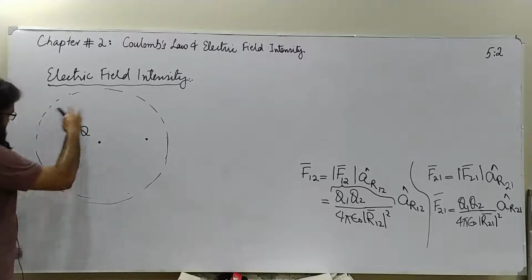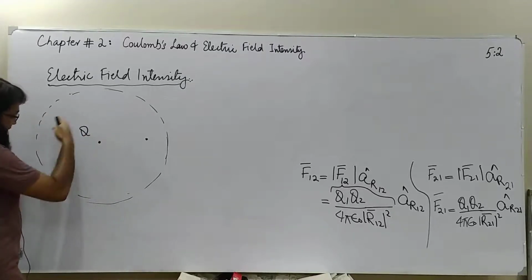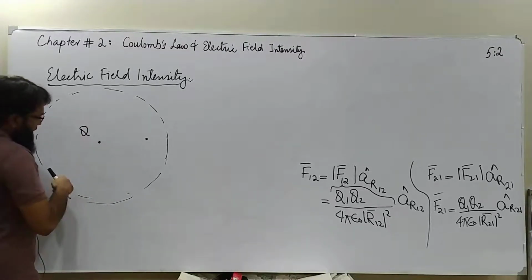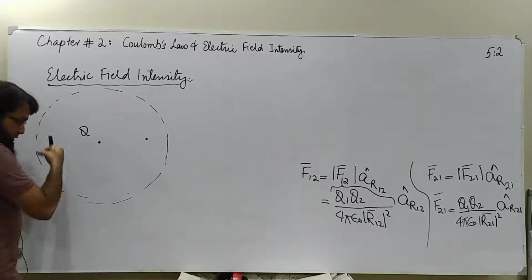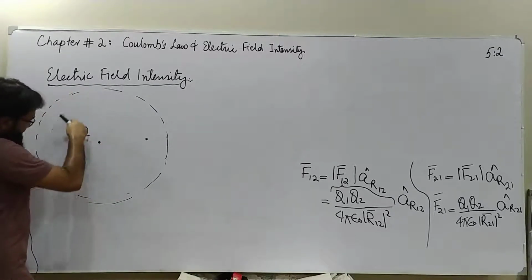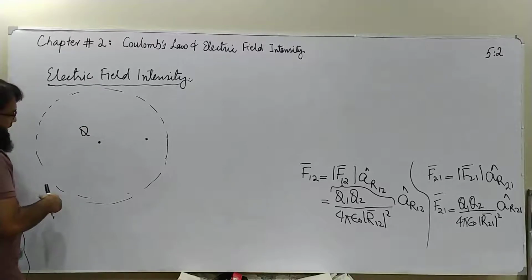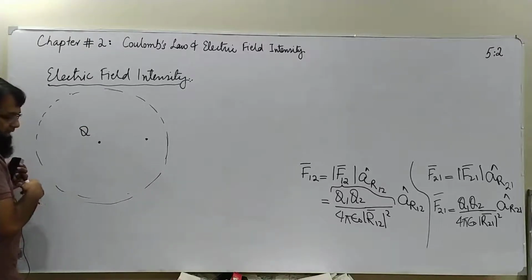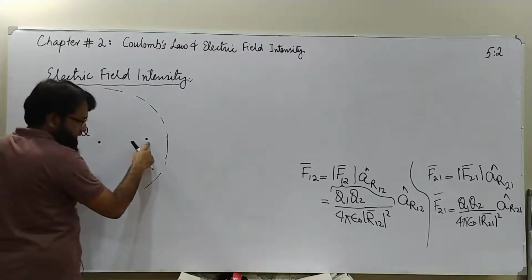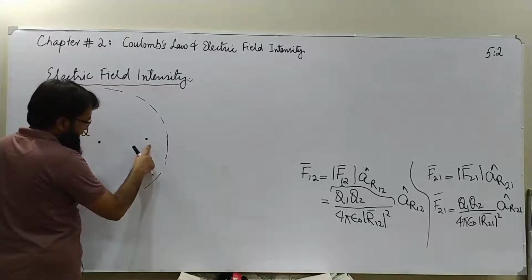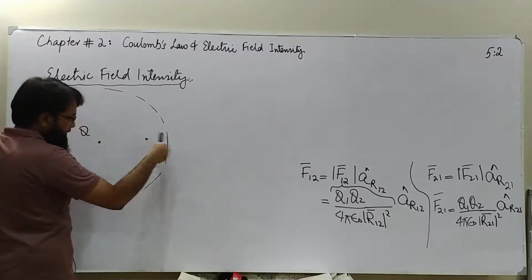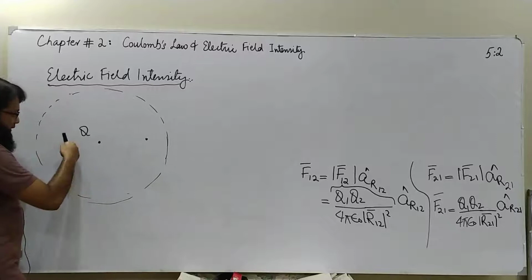So if I want to quantify that field, if I want to focus on the field which is given by this charge, then that field should not have any influence of the second charge which is coming within the field of this charge.